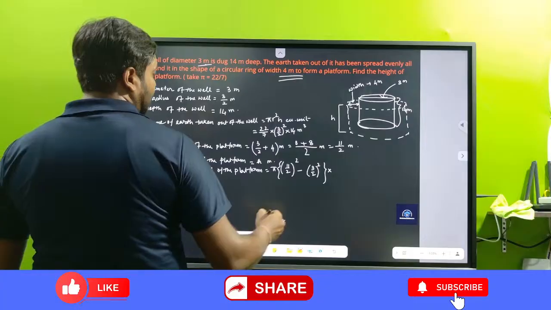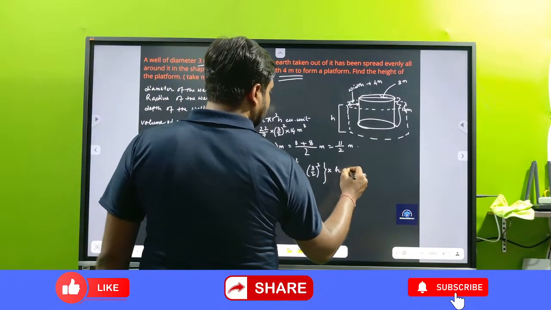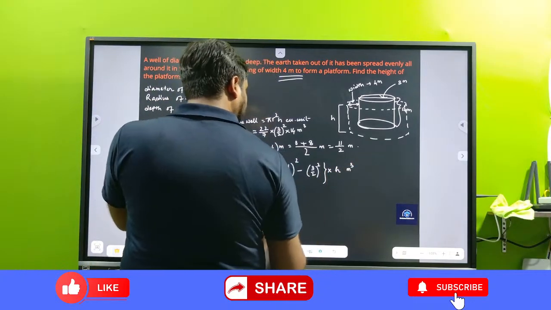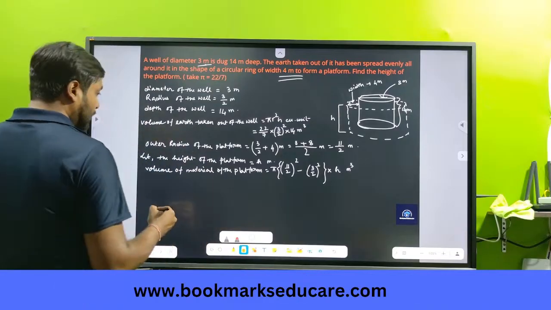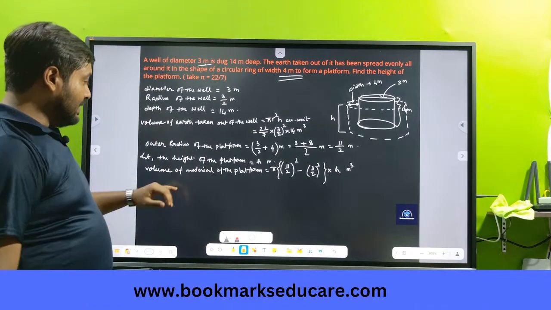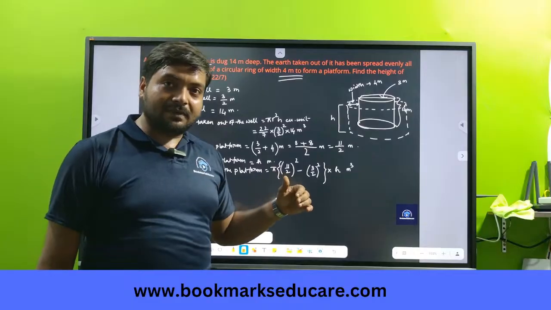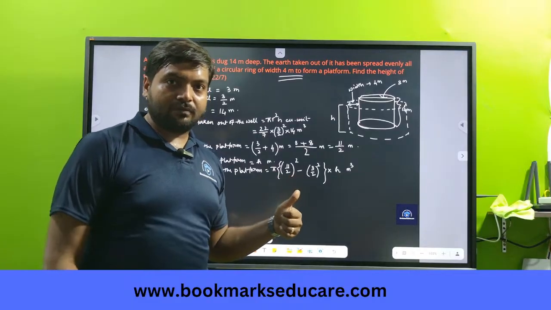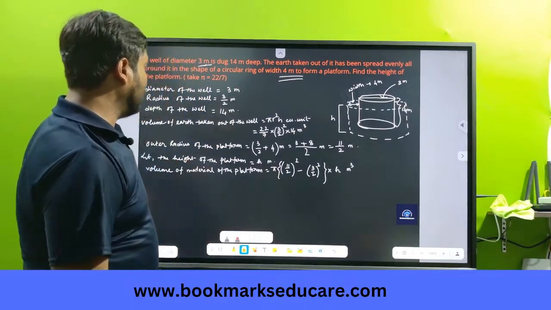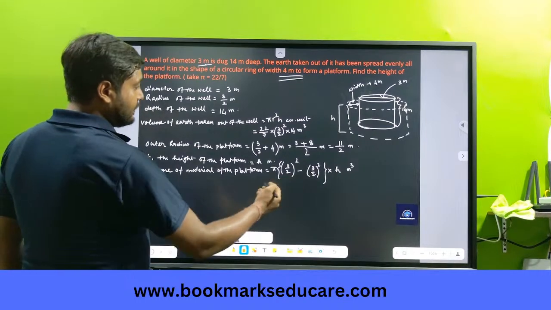And what is the h? We have to find the h meter. And this volume of material is nothing but the earth that is taken out of the well. So we have to equate both and find h.